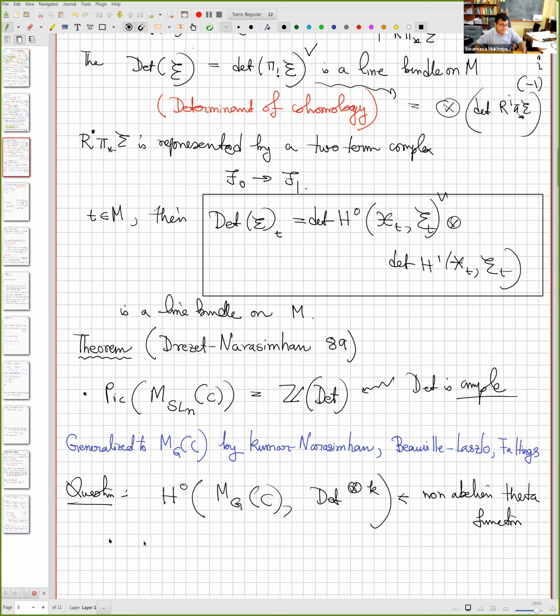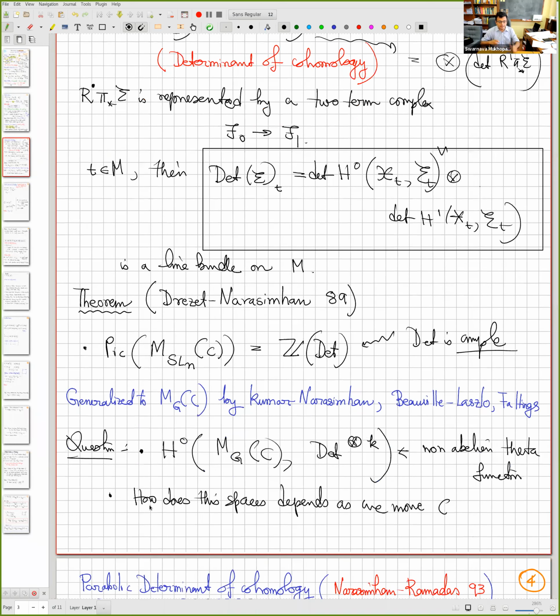And one can ask how these spaces depend on C as we move C. That means if you change C in a versal family, how does this thing change? This is a well-known question.